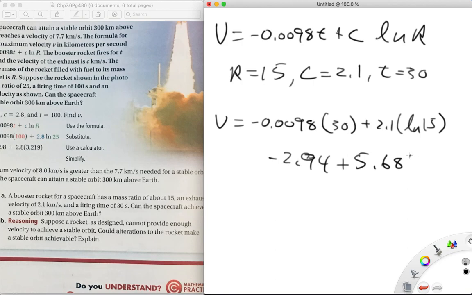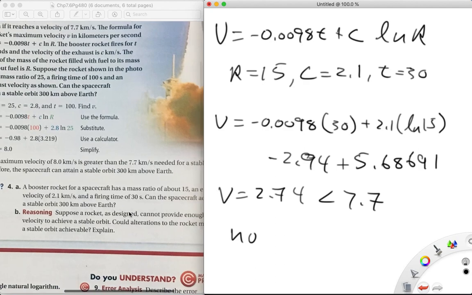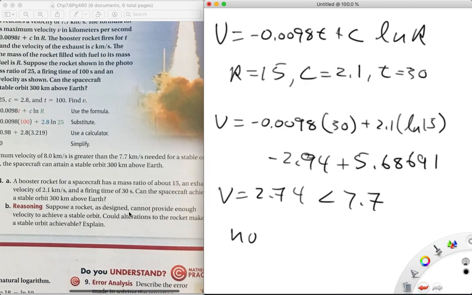I'm going to take away 2.94. And I get that the velocity is 2.74, which is less than 7.7, because 7.7 is the value it has to be above. So since it's less than 7.7, then we would say no, it won't. It won't reach the maximum velocity needed. So nope.